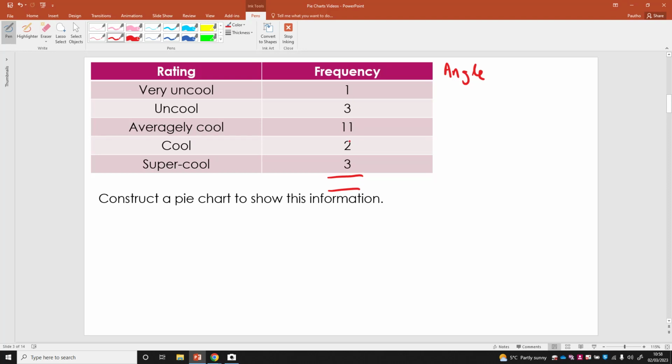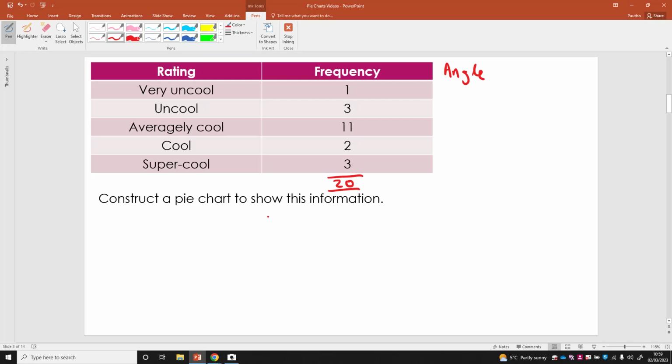Add up all the frequencies: 1, add 3, add 11, add 2, add 3. 1, 4, 15, 17, 20. There are 20 people in this survey altogether. Remember, every person's vote counts equally.